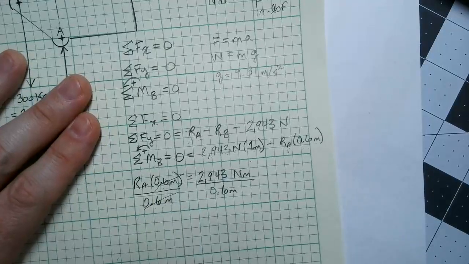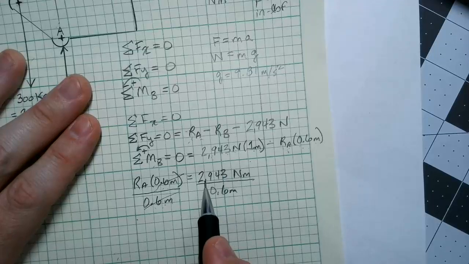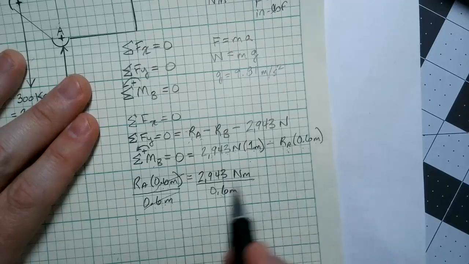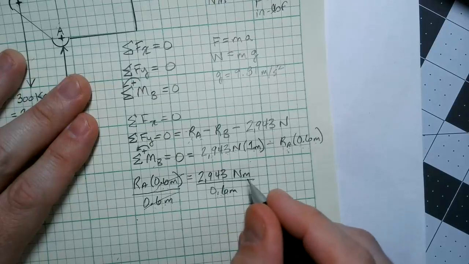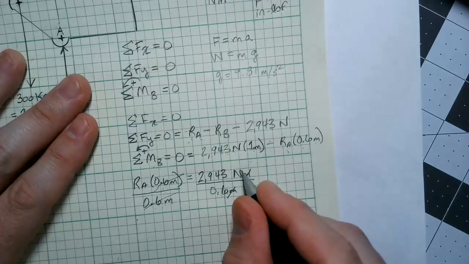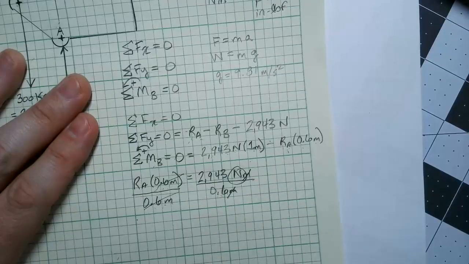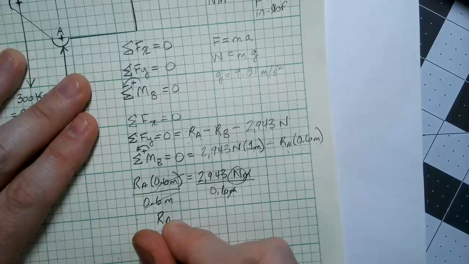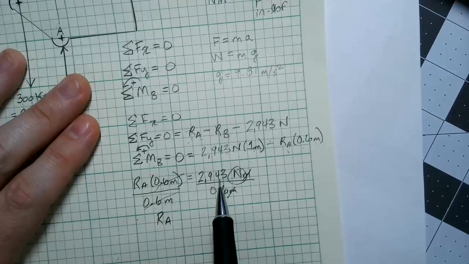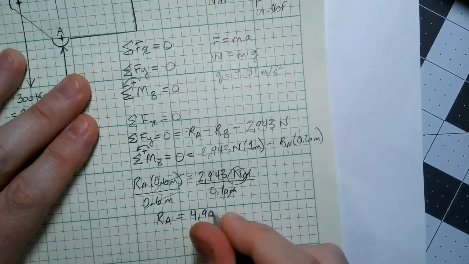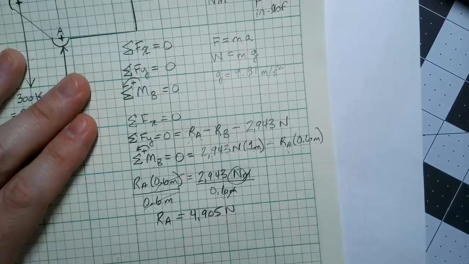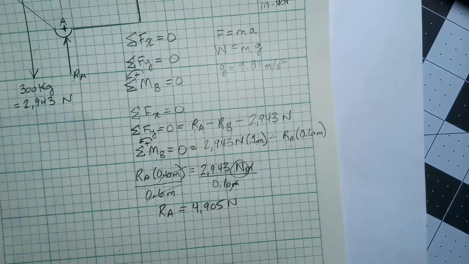So RA times 1 is simply RA. But this one we can multiply through: 2,943 divided by 0.6. Now look, the meters cancel out and we're left with newtons. And that's what we want. We want our answer in newtons because we're looking for a force. So that means RA equals 2,943 divided by 0.6. And that will give you 4,905 newtons.